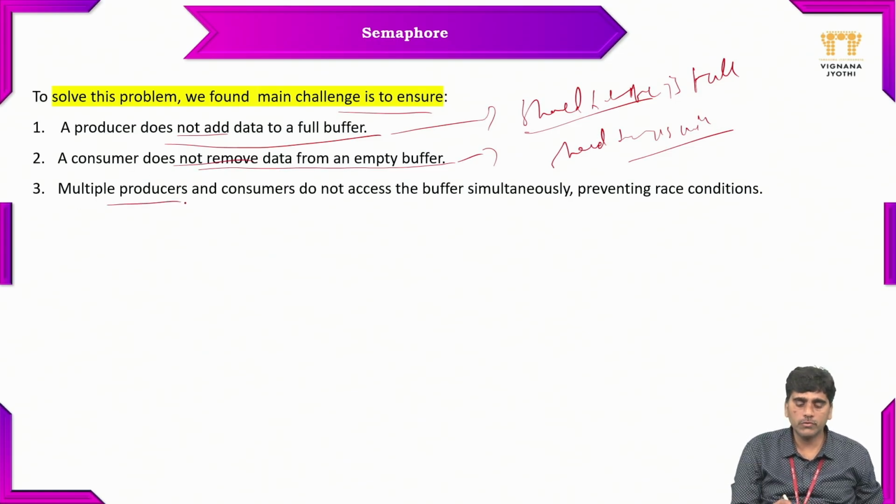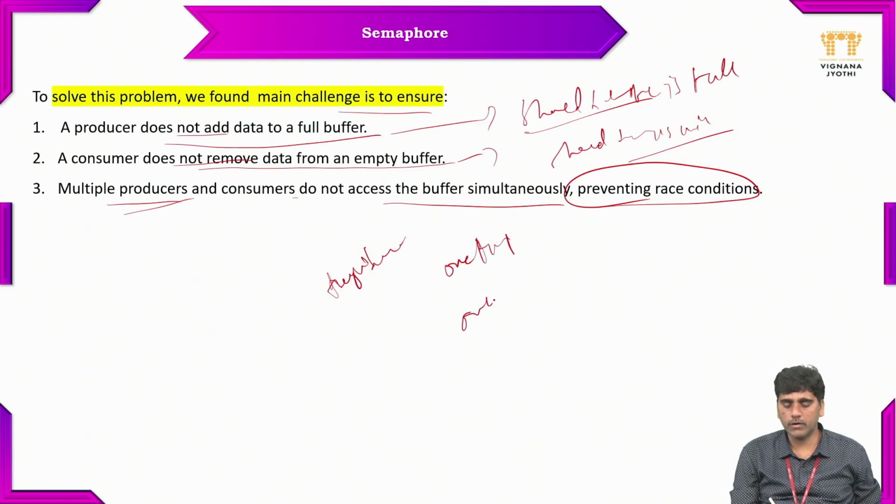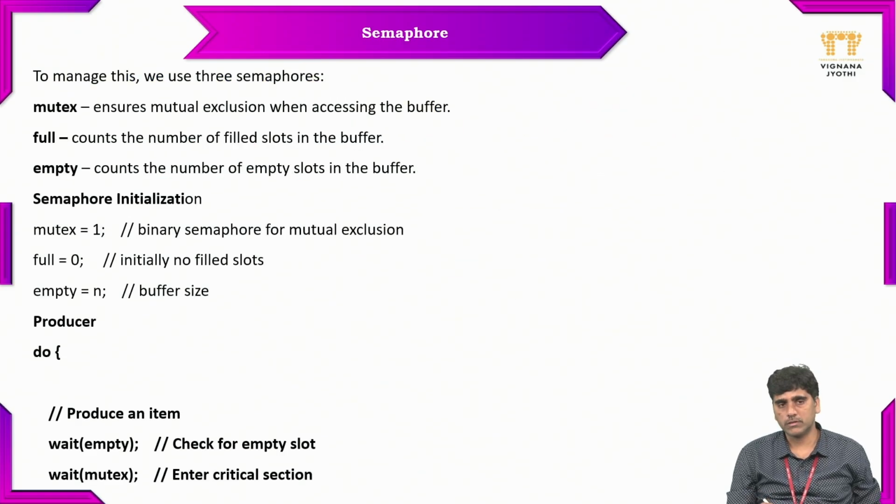And multiple producers and consumers do not access the buffer simultaneously, preventing race conditions. They do not access it at the same time. So one time for the producer and one time for the consumer. Like that we have to assign the time, or assign the process.